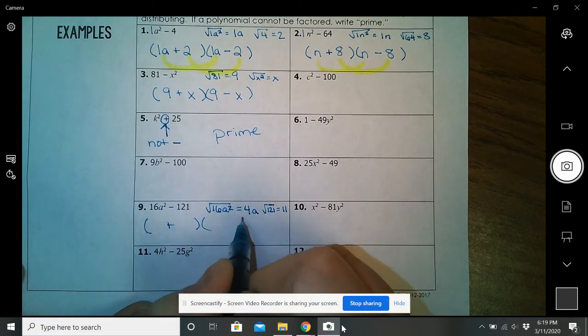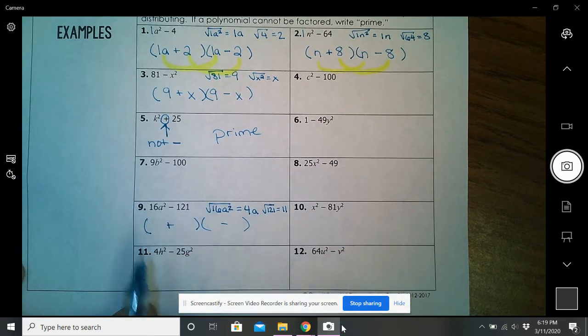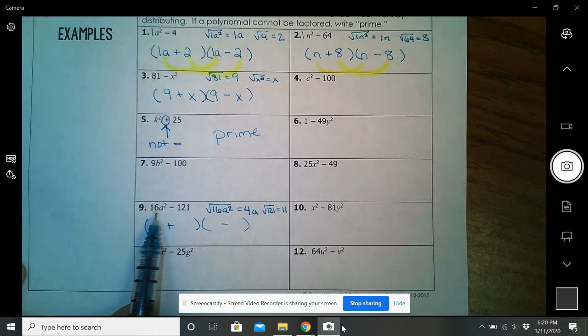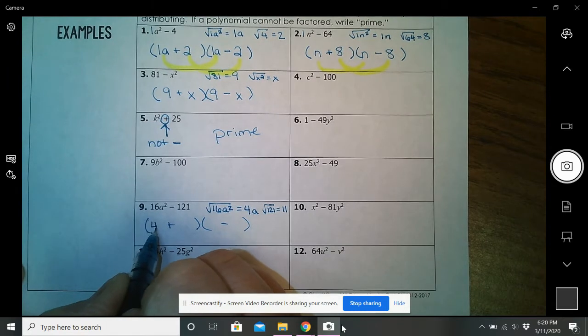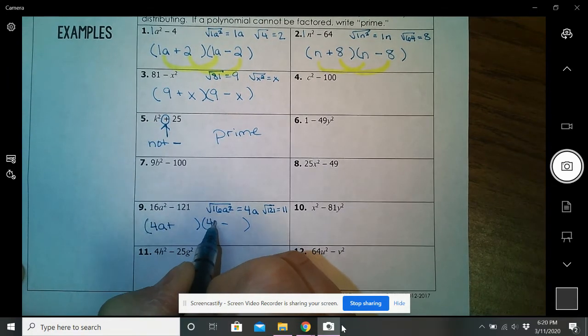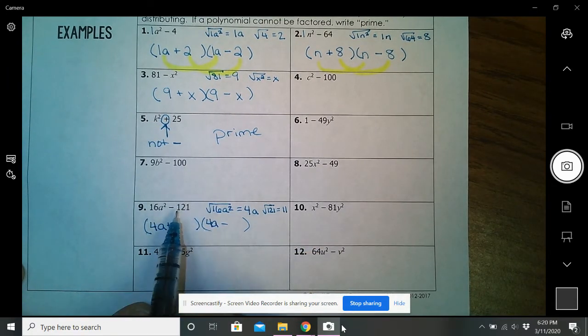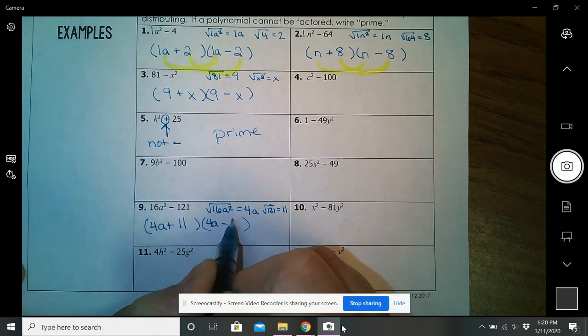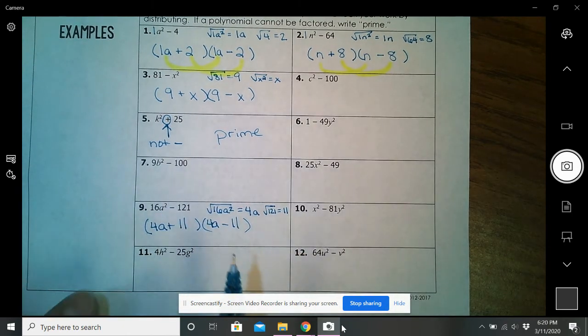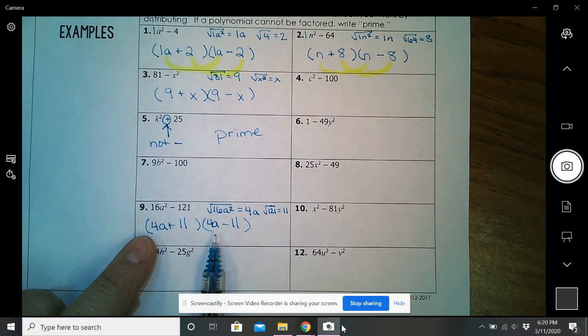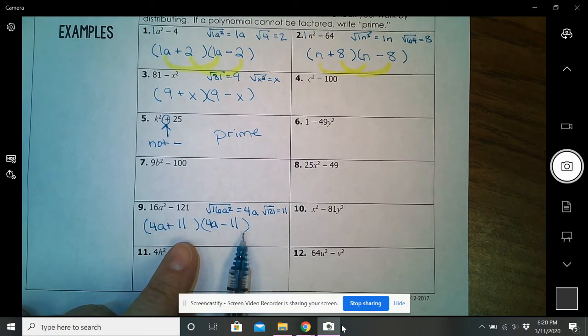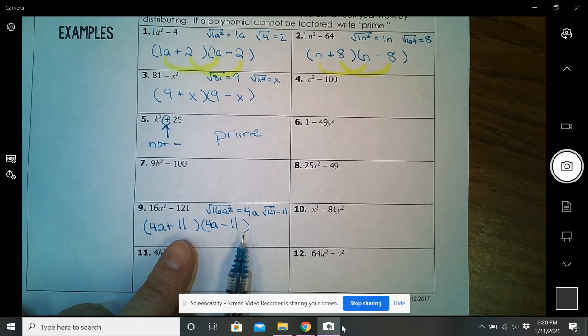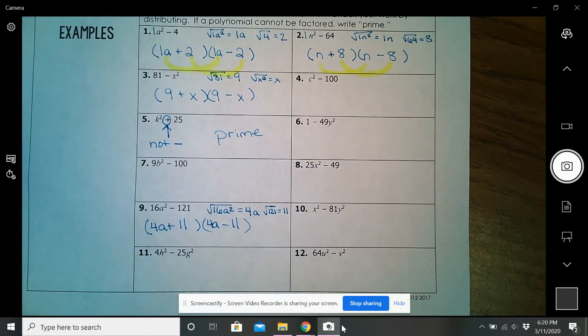Positive binomial, negative binomial. Position 1 goes with the 16a squared, so those are the 4 a's. Position 2 goes with the 121, so those are 11's. And then check your work. 4 times 4 is 16. A times a is a squared. 11 times negative 11 is negative 121. Excellent.